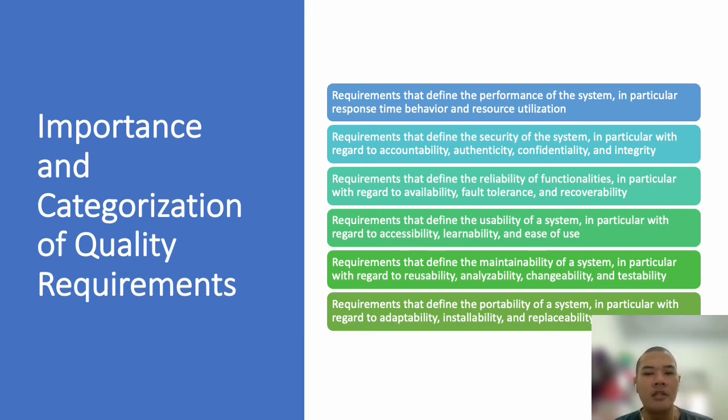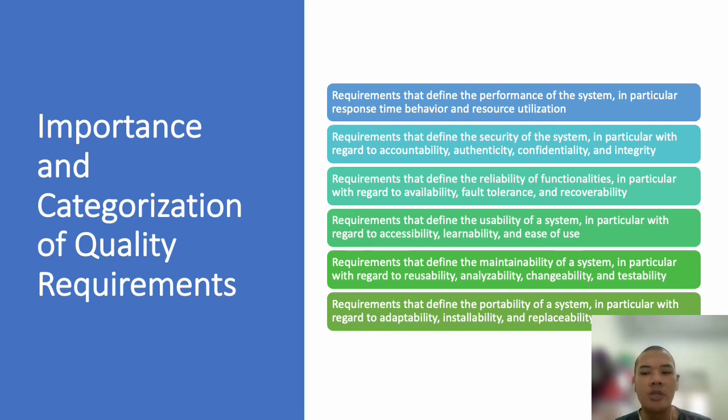Typically, many different kinds of desired qualities of the system are assigned to the requirement type of quality requirement. In order to be able to deal with quality requirements in a structured manner, many different classification schemes for quality requirements have been proposed.